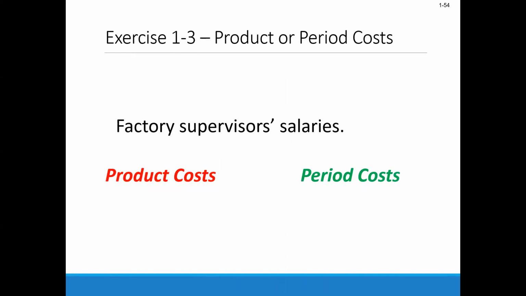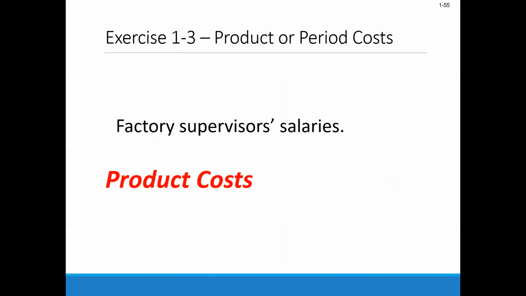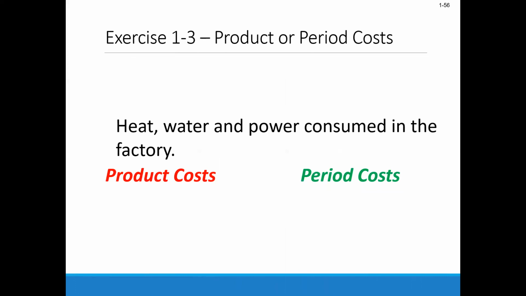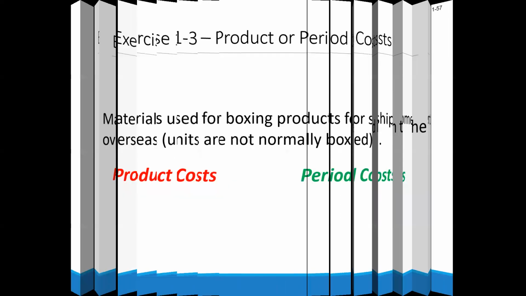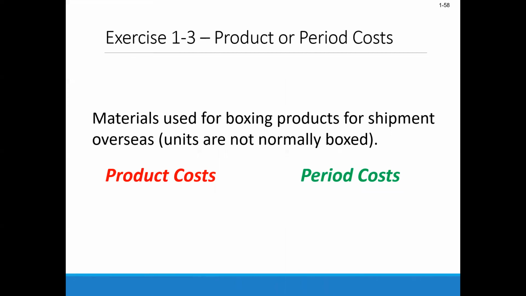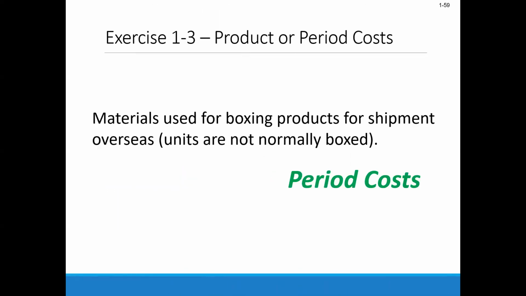Factory supervisor salaries. Heat, water, and power consumed in the factory. Are you getting the gist? Materials used for boxing products for shipment overseas, period.